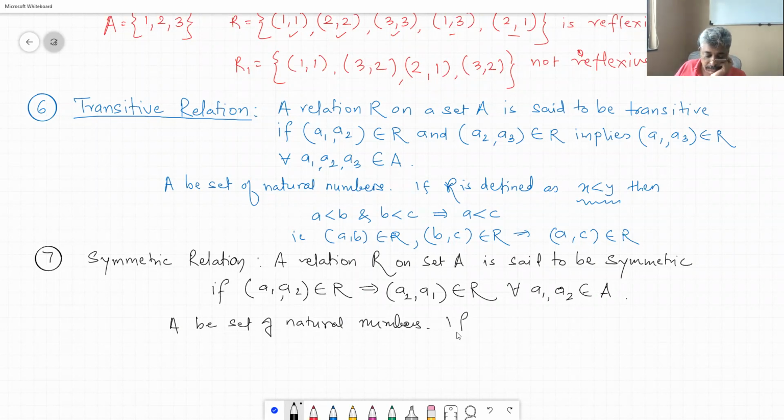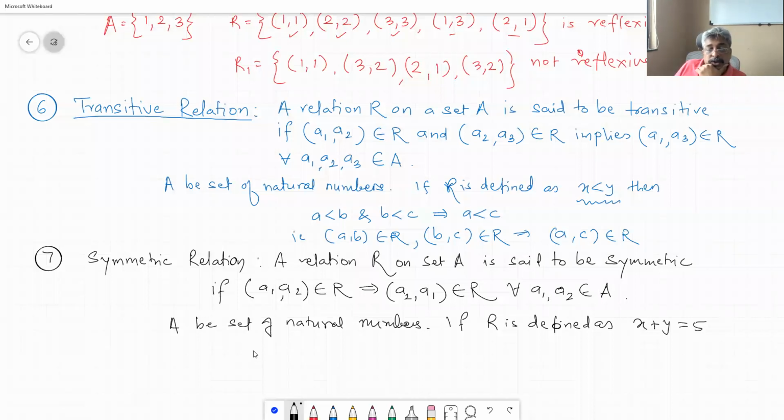If the relation R is defined as x plus y is equal to 5, because addition is commutative, you will end up having symmetry. y plus x is also going to be equal to 5.